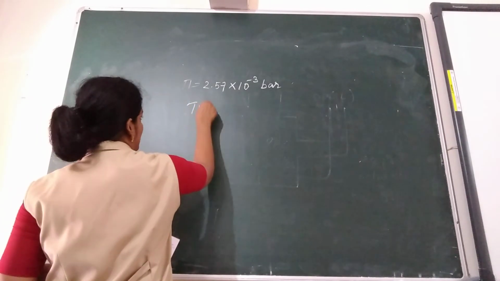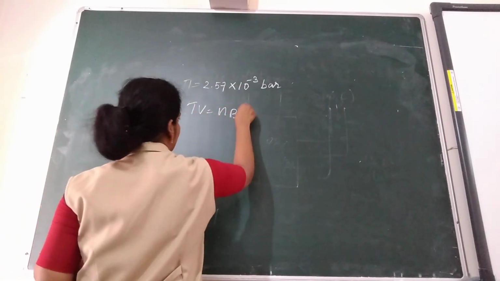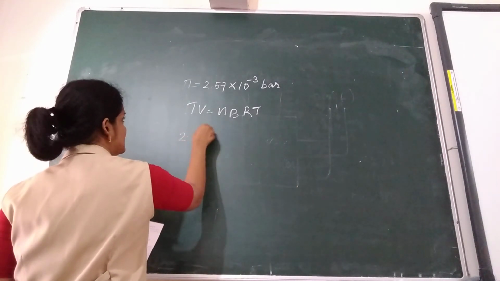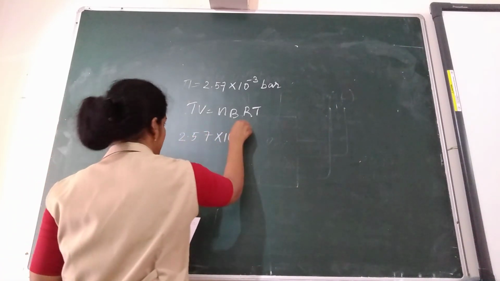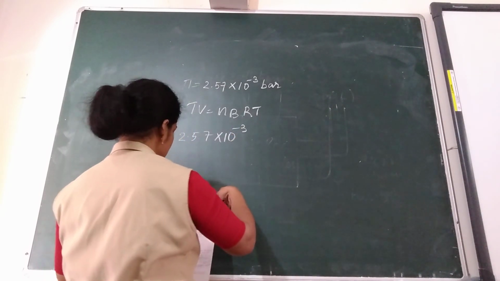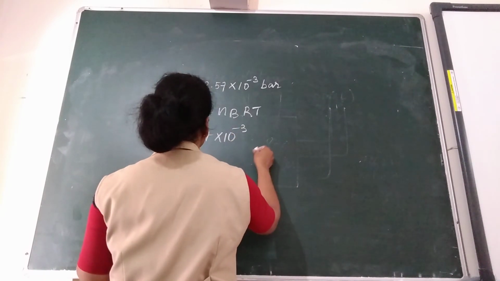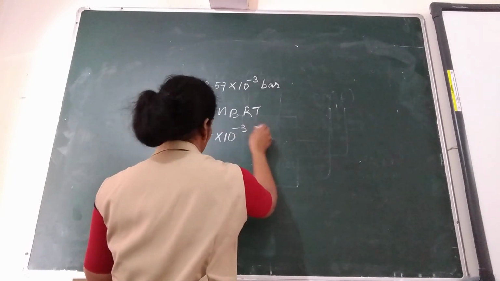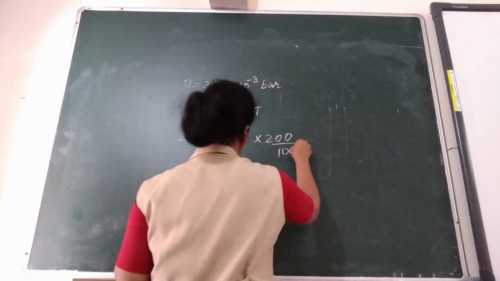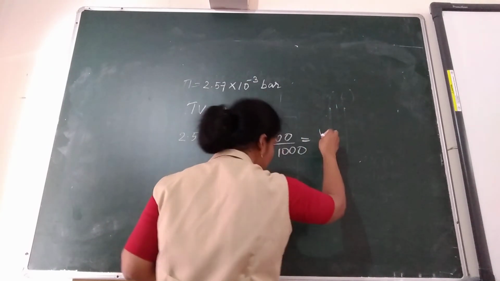So we'll be using pi is equal to nRT by V, that is, 2.57 into 10 to the power minus 3 is equal to 1.26 upon MB, V is 200 upon 1000.